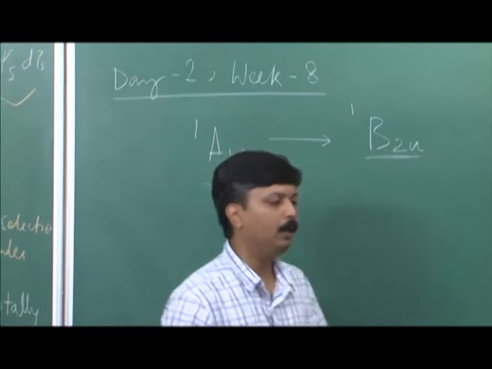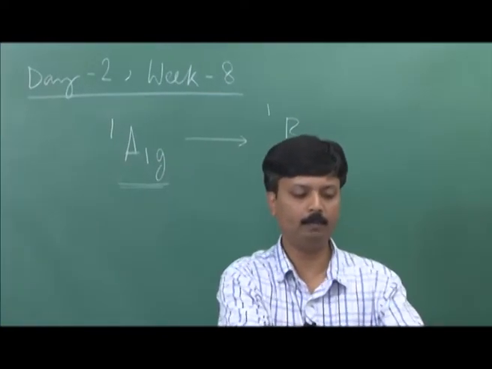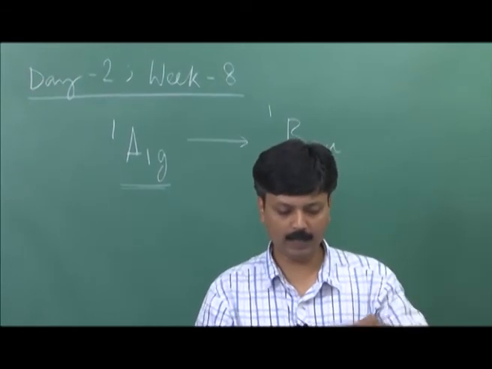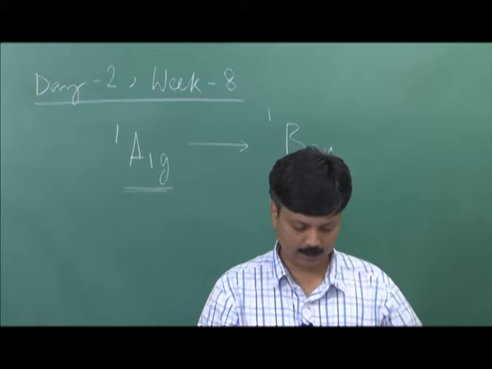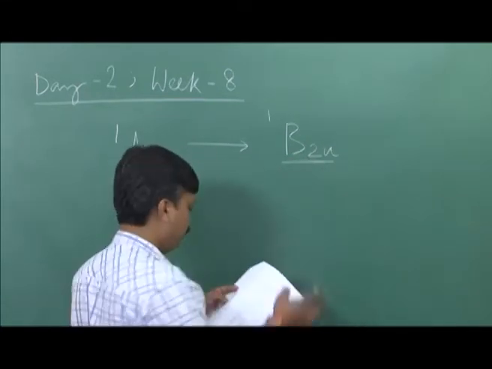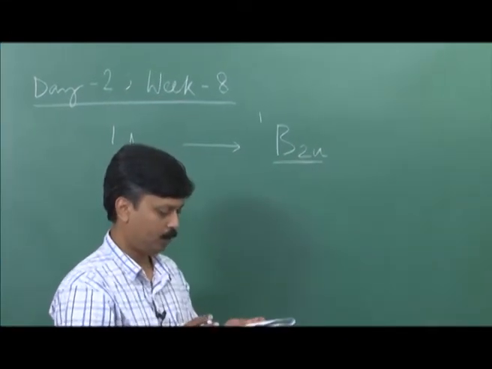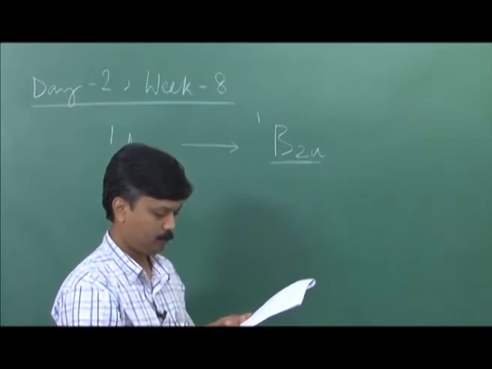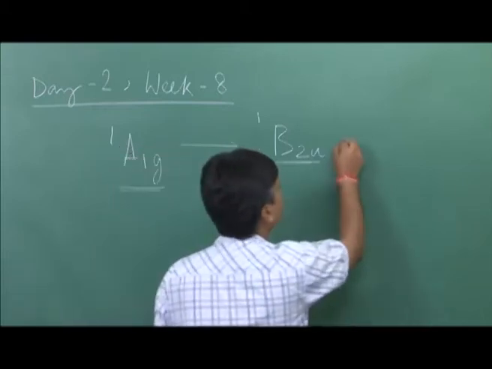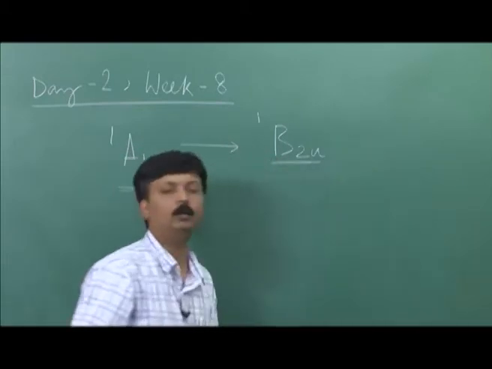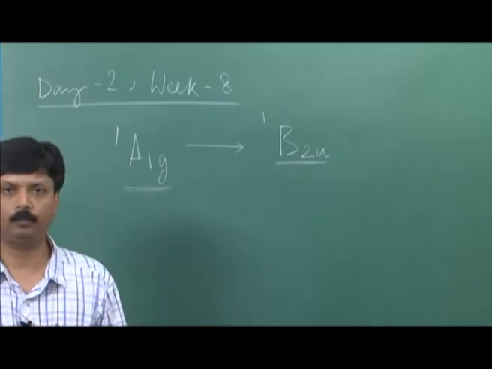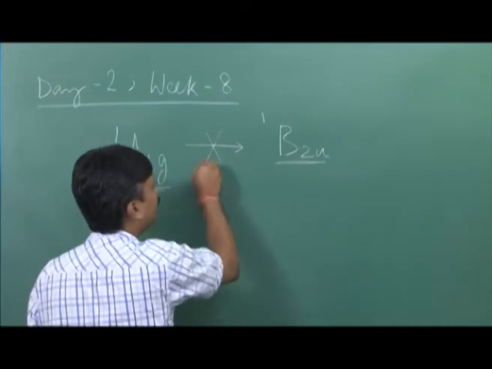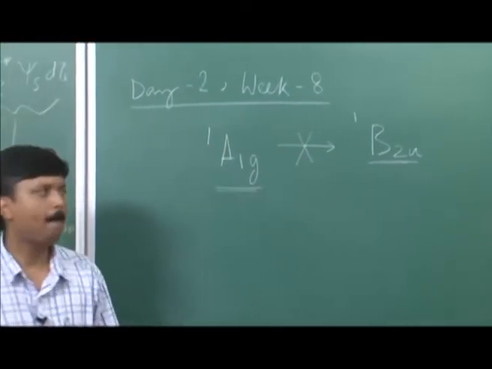So, I will again look at the character table for the D6h point group, and I see that B2u does not transform according to x or y or z. So, I can immediately say that this transition is orbitally forbidden, right.